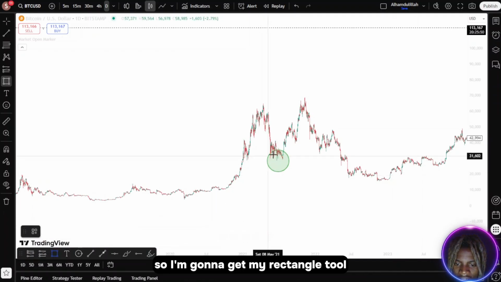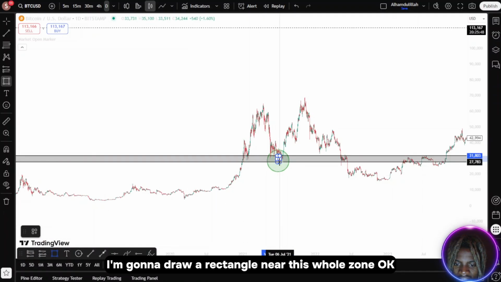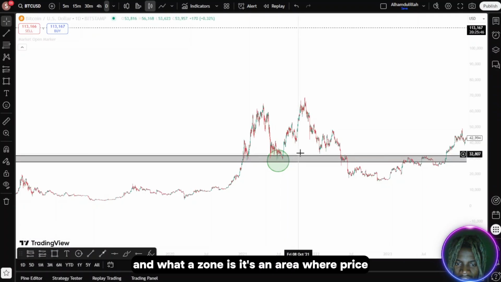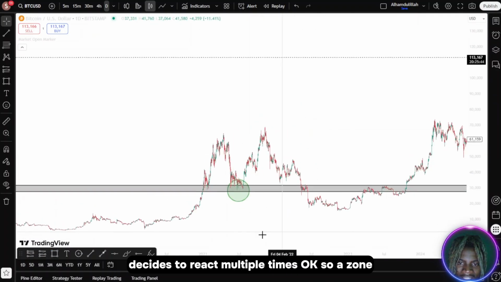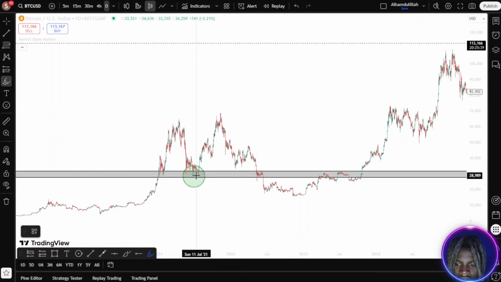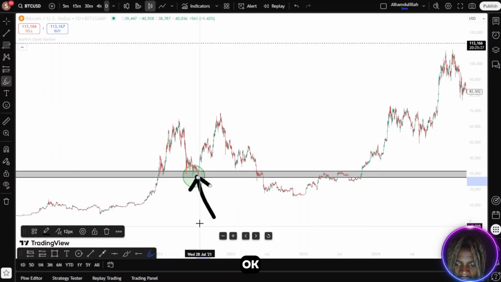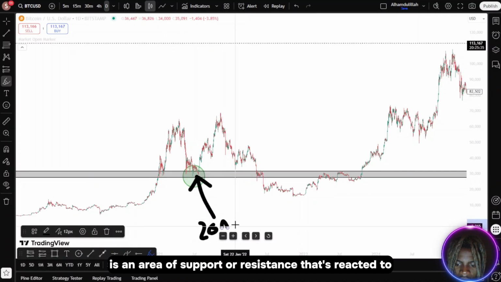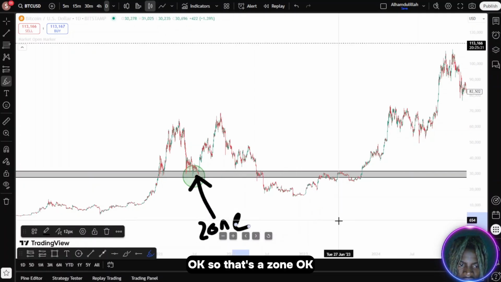So I'm going to get my rectangle tool and draw a rectangle near this whole zone. A zone is an area where price decides to react multiple times. A zone is an area of support or resistance that's reacted to.